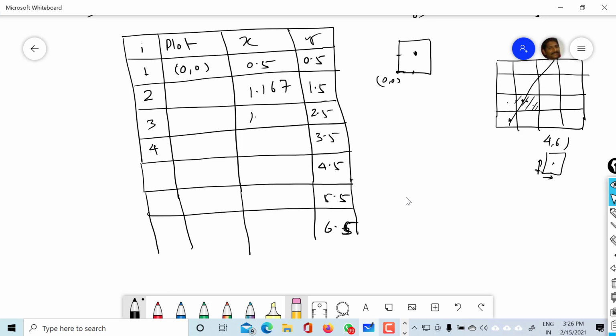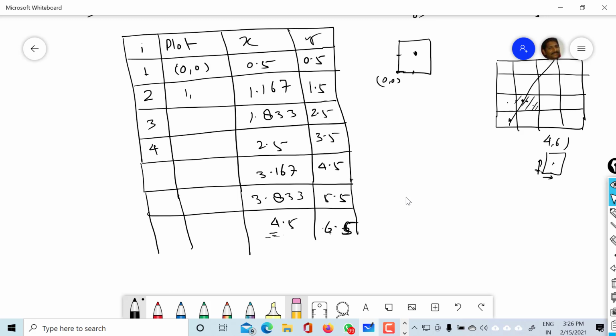It is 1.833, it is 2.5, it is 3.167, it is 3.833, it is 4.5. 4, 6 was the last value, so it should be the last value, not the initial value.